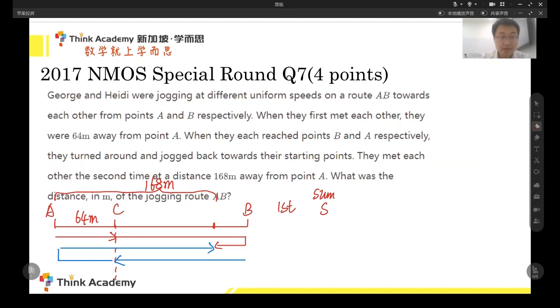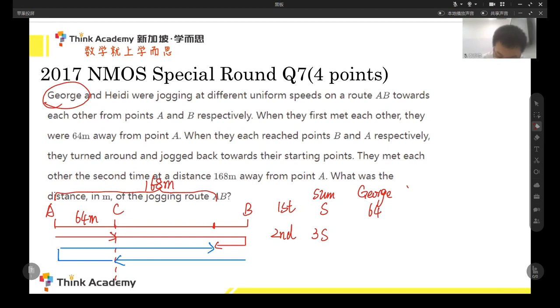It's the distance George has traveled. So George traveled 64 meters the first time. But what about the second time? As shown in the picture, together they traveled 3 times S.